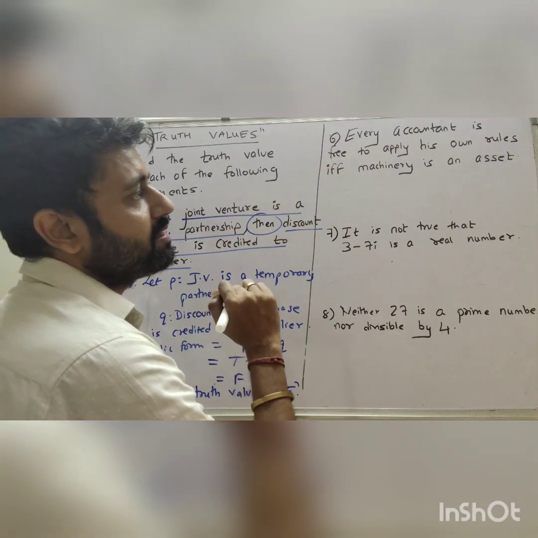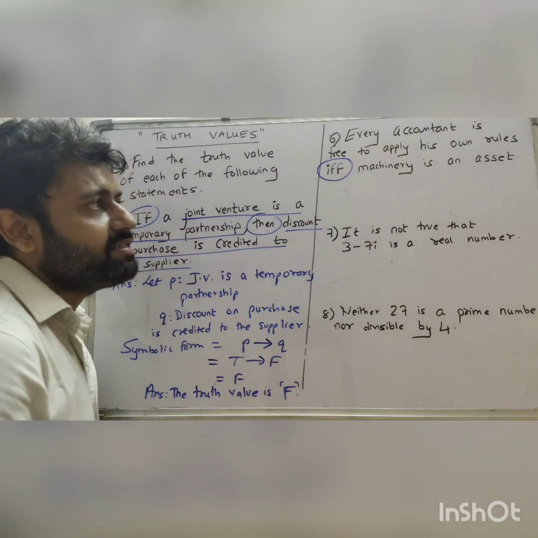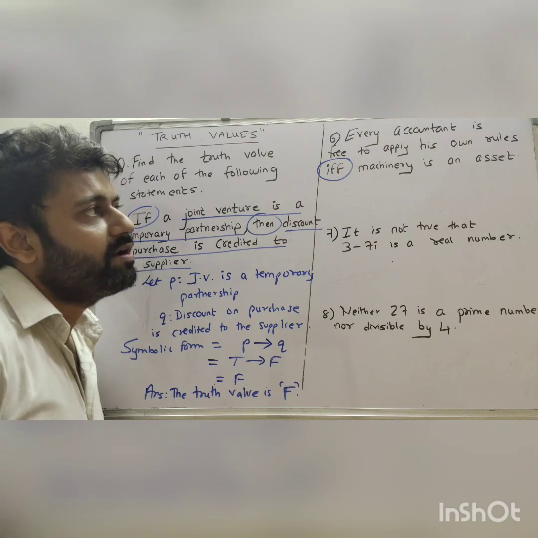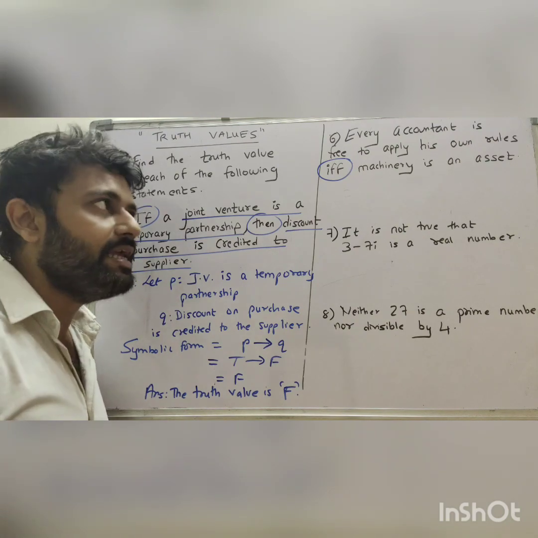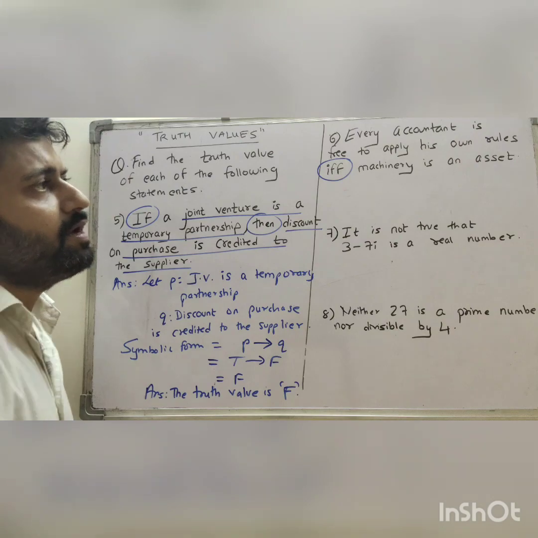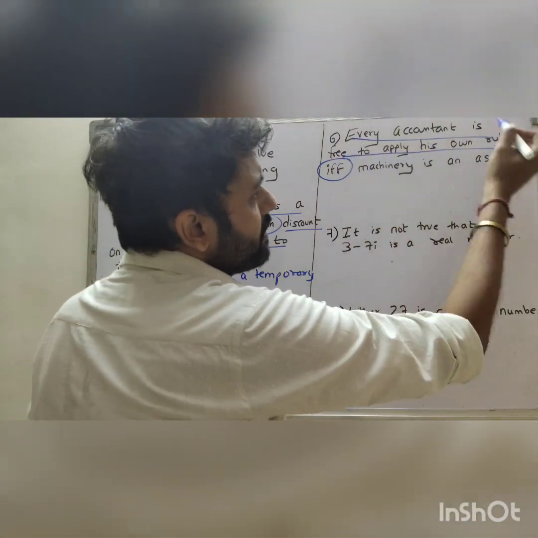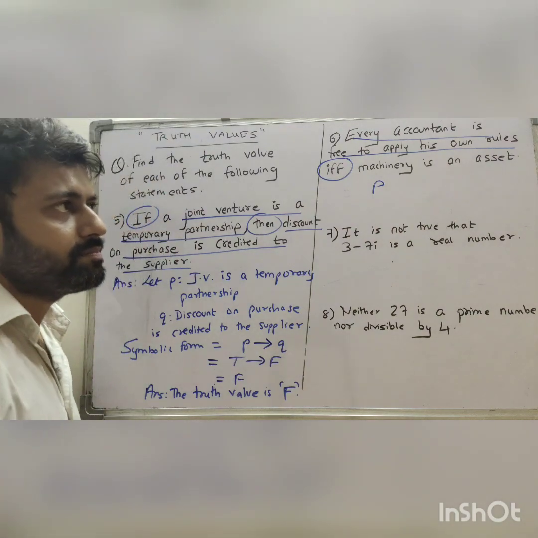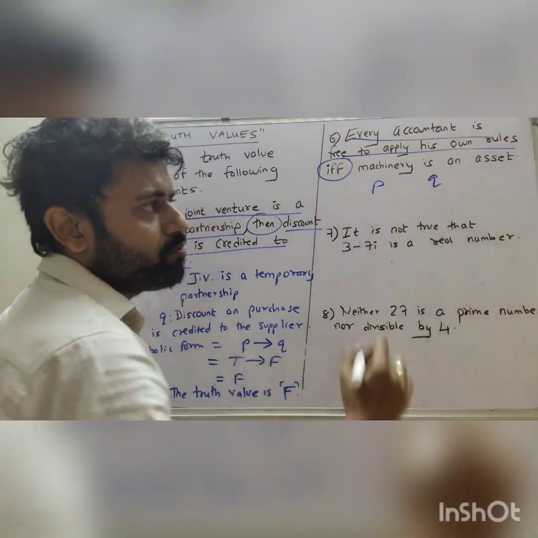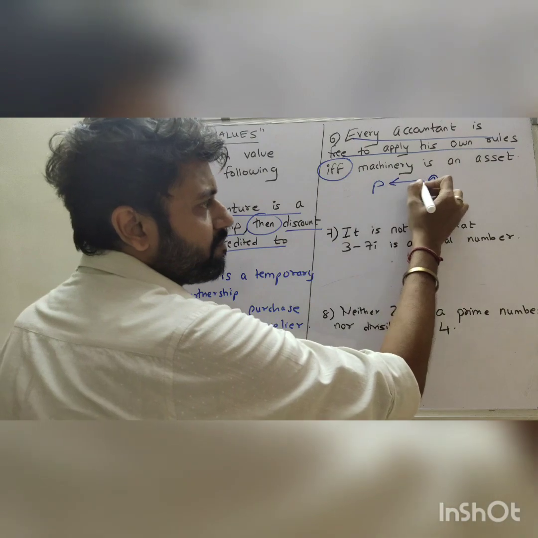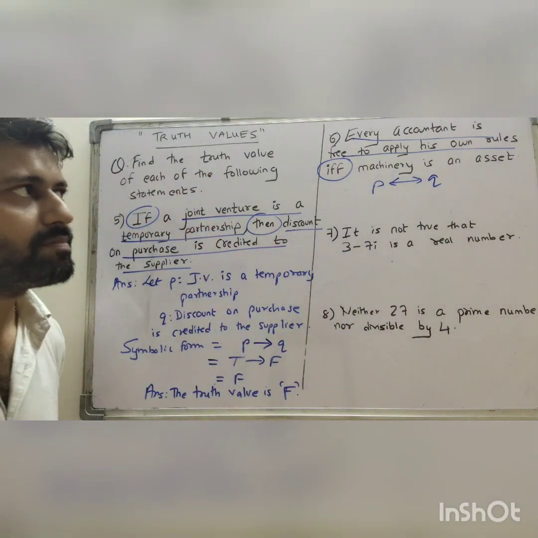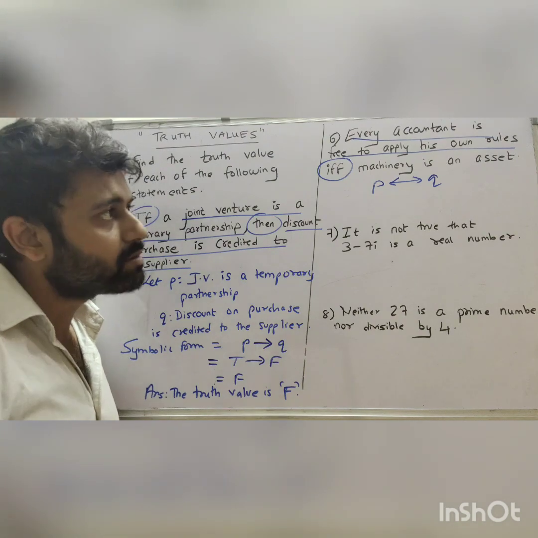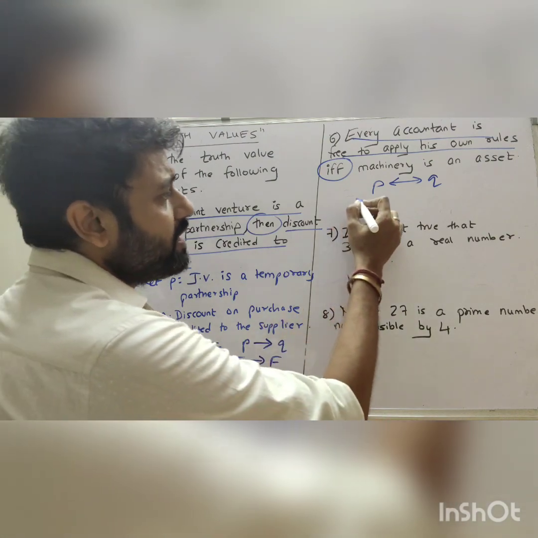Next, here the connective is if with double F, which is called if and only if. P: Machinery is an asset. Q: Every accountant is free to apply his own rules. That is not how it works.